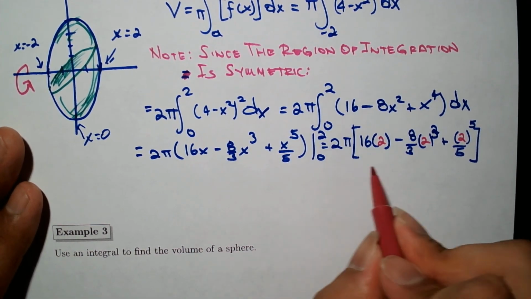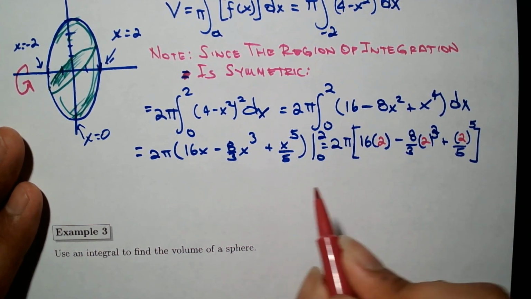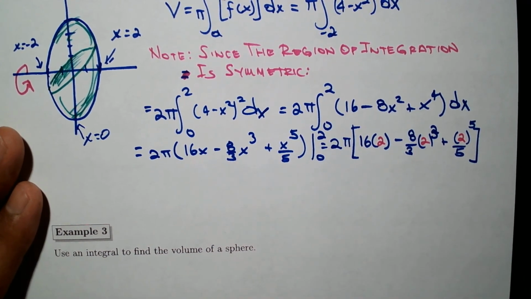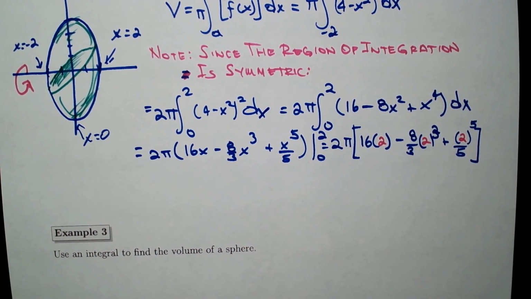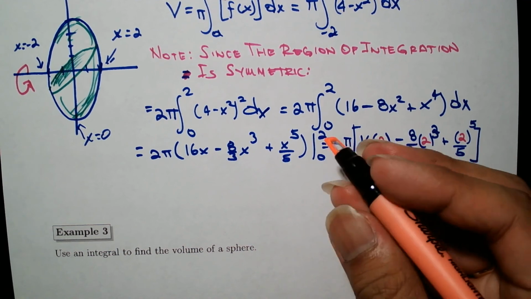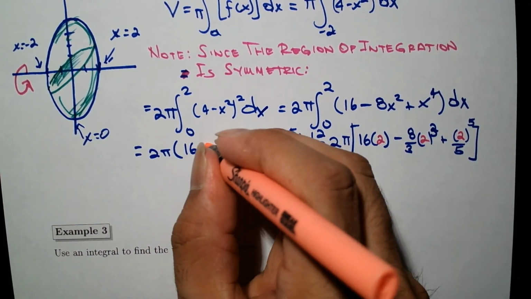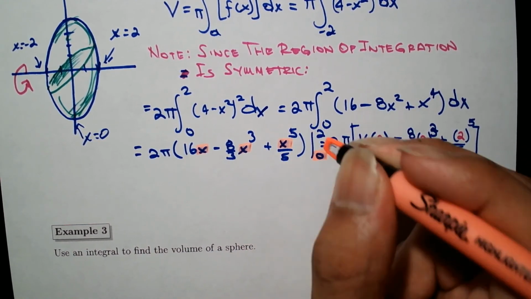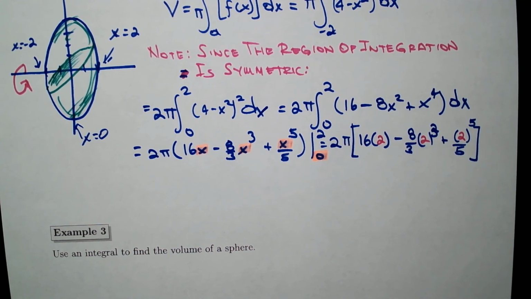Now, for the rest of the calculation, what happens when you plug in the number 0 over here, here, and here? Everything is going to get zeroed out, right?